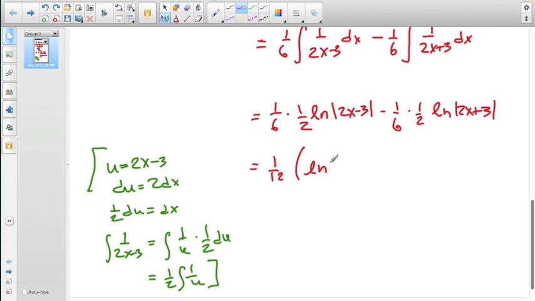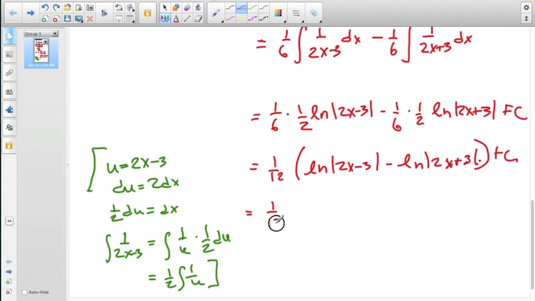Then we'll have our natural log of 2x minus 3 minus our natural log of 2x plus 3 plus c. That's very important, especially for free response questions. And so using our law of logs, writing this in a condensed format would be the natural log of 2x minus 3 over 2x plus 3 plus c.